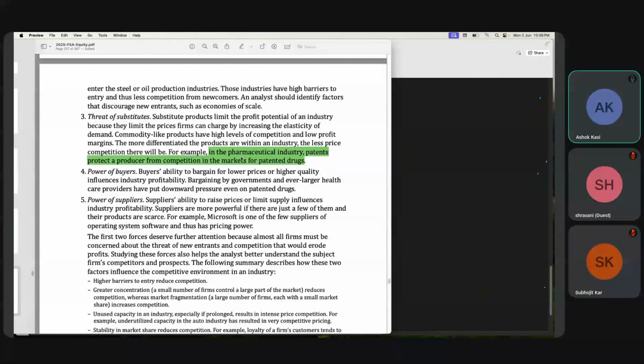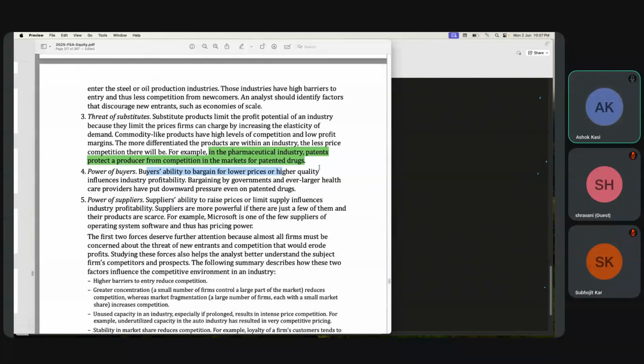Then power of buyers. So buyers' ability to bargain for lower prices. Say for example, in quick commerce, people can easily switch. Okay, they have huge power of buyers. They want it at the reduced price, or else they will switch. So that is power of buyers.